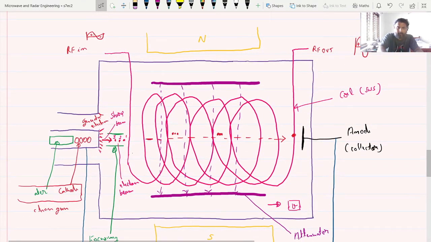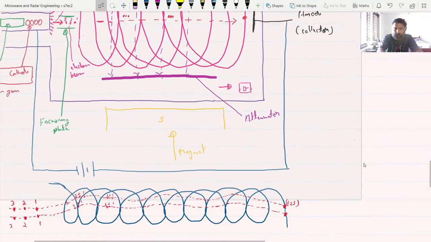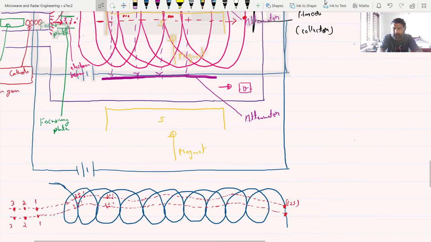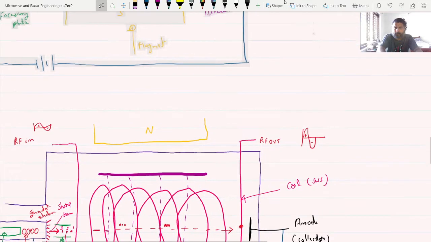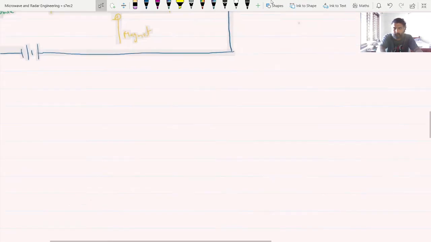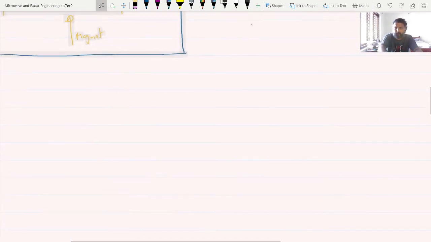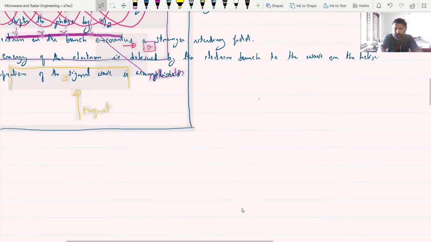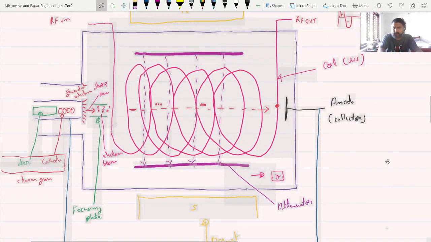Okay, I'll just copy this figure. Just bring this figure to the upper position. I'll paste it.